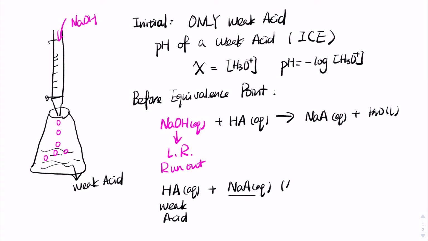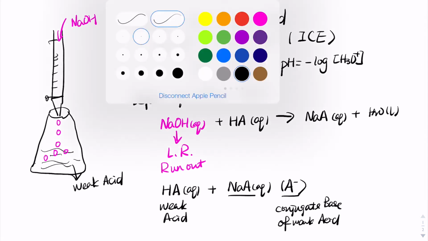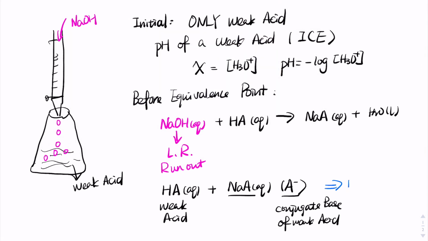The A minus, that anion, will affect your pH, and this is the conjugate base of the weak acid. So now what do you have? Weak acid and conjugate base, put together, we have a buffer solution.